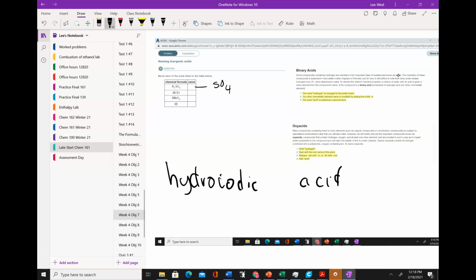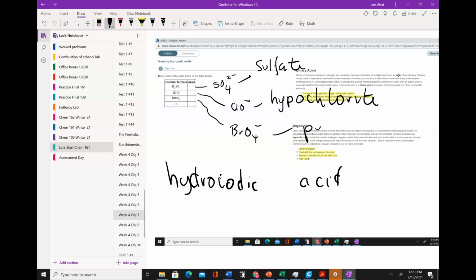So I got 2 hydrogens there, so this must be 2 minus. Take away the hydrogens. How many did I take away? 1, so it must be 1 minus. The number of hydrogens taken away is equal to the charge. So that's 1 minus. So now I've got to find the names of these. That is sulfate. This one is hypochlorite.